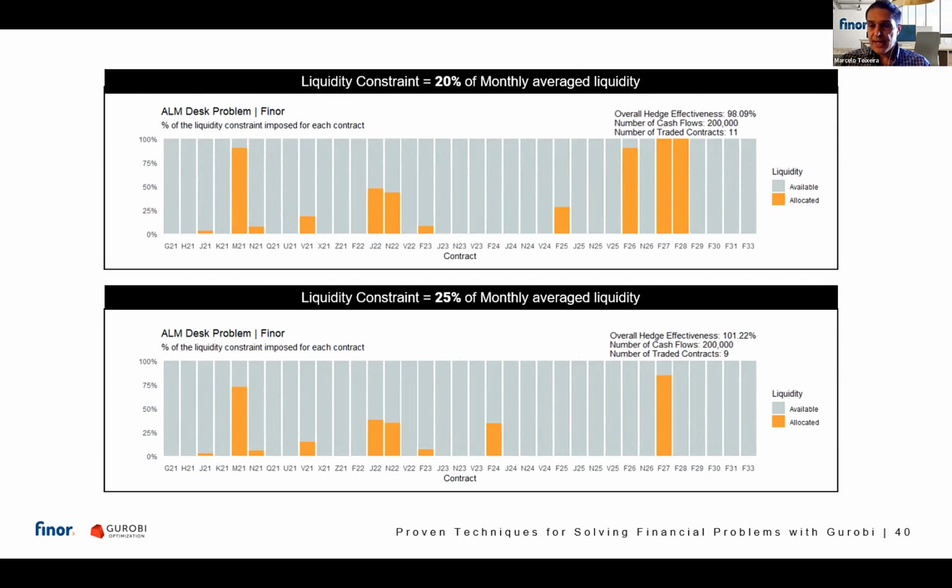For the BIS requirement for hedge effectiveness, they should be between 80% and 125% of the changes on the period. So we can see that our hedges are extremely effective, even if we trade in 11 or 9 contracts representing 200,000 cash flows.